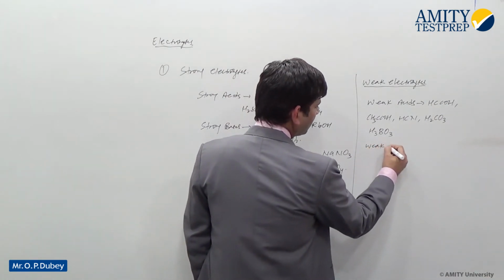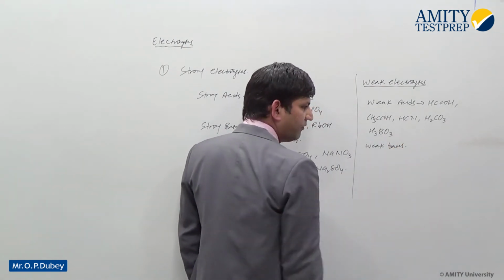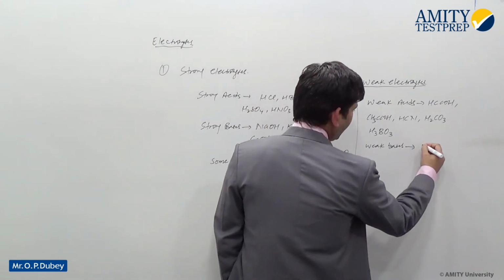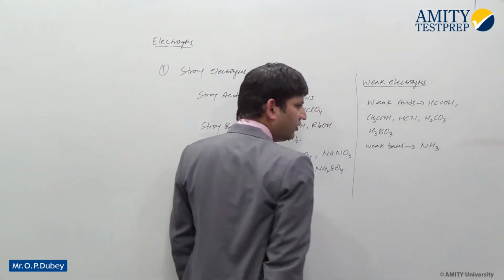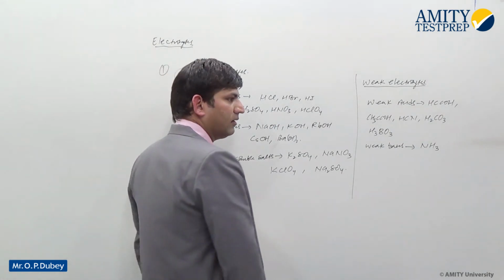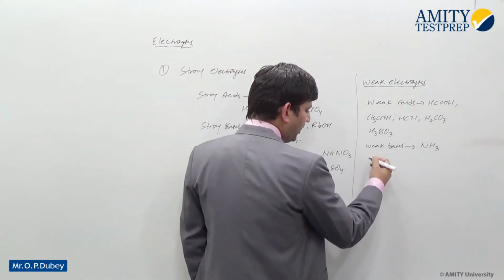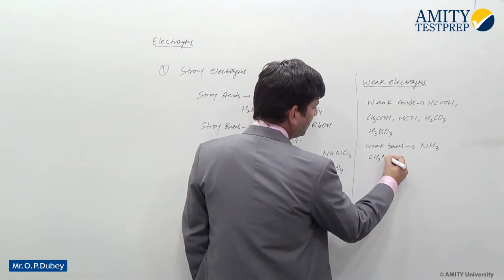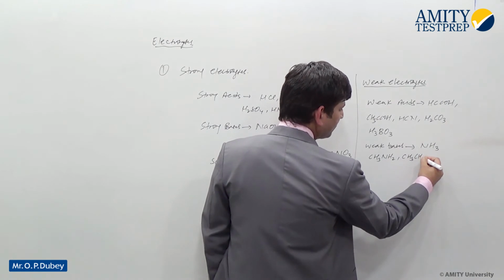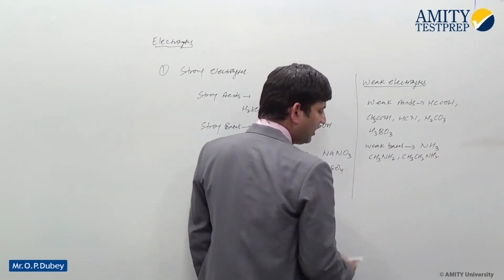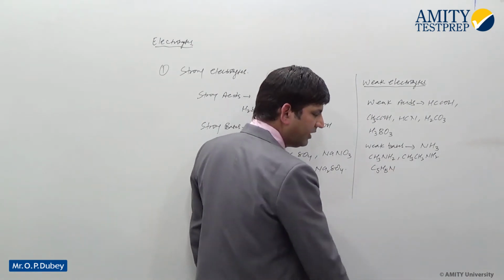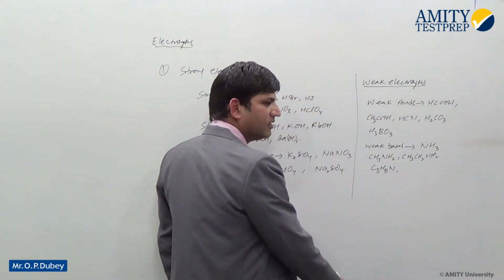Some weak bases are also in the category of weak electrolytes, for example ammonia. Ammonia is a weak base, and the amines, organic compounds like CH3NH2 methylamine, CH3CH2NH2 ethylamine, C5H5N pyridine, are weak bases.